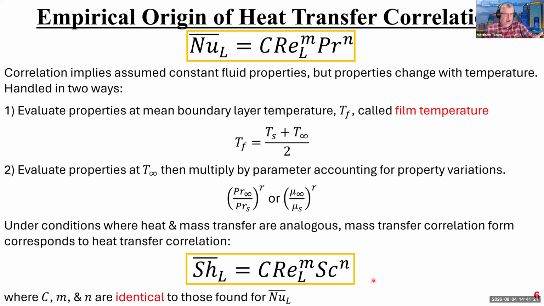So solids that sublime in air at ambient conditions, and they'll blow air over these objects, and they'll actually weigh them periodically to determine how much mass has left. And once you know how much mass is left per unit time, you can work back to find the Sherwood number, and to find these exponents, and then you have the corresponding heat transfer correlation from basically a mass transfer experiment. So very powerful technique that was used for years and years to find heat transfer correlations for complicated geometries where it was impossible to find it any other way.